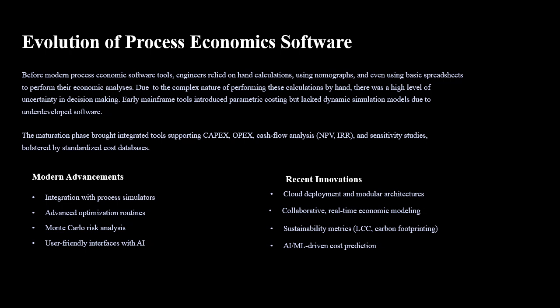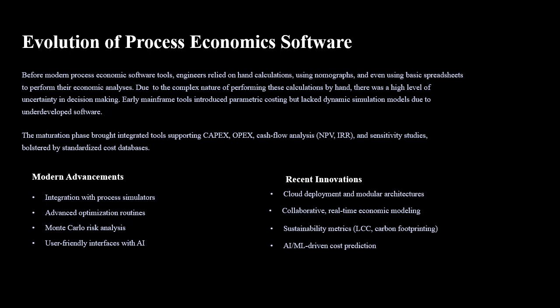Advancements in computing introduced mainframe tools, and these mainframe tools came with early stages of process economic software, which made parametric costing possible. However, these software tools lacked dynamic simulation models due to underdeveloped software in the past.